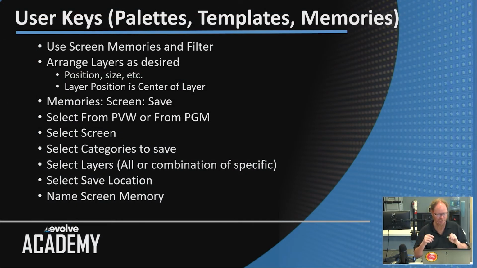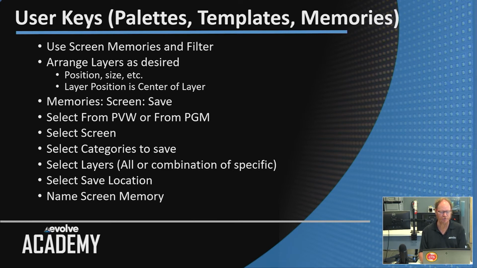User keys or palettes or templates or memories. So screen memories, not master memories, but just screen memories that can be used anywhere. And filters turn into the ability to save things like layer position, layer size without saving the content, or layer borders without saving the specific layer.